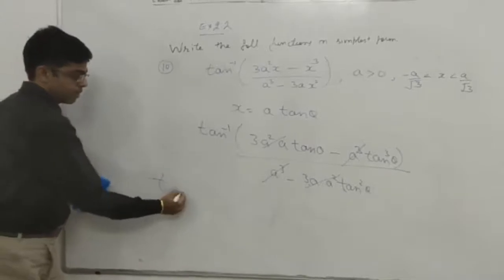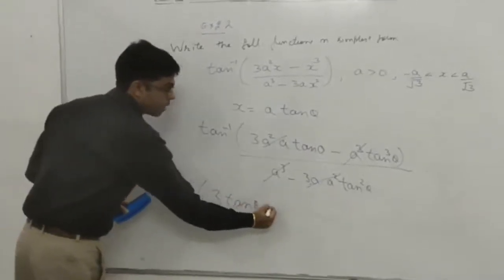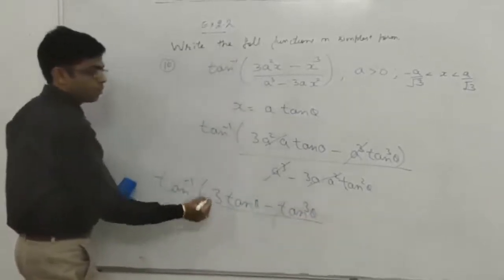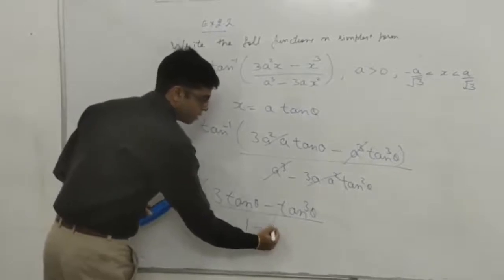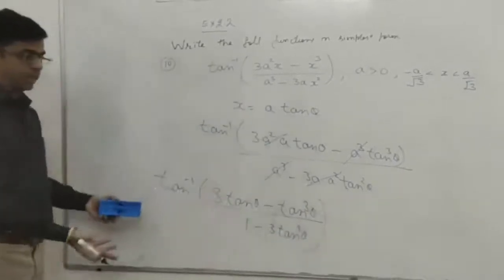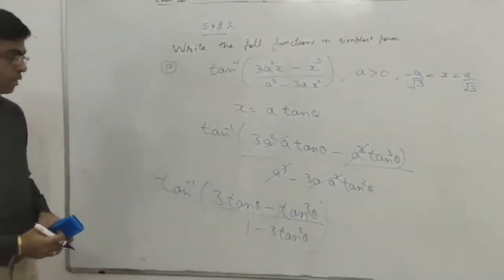So this will become tan inverse of (3 tan θ − tan³ θ) upon (1 − 3 tan² θ). And this is nothing but the formula of tan 3θ.